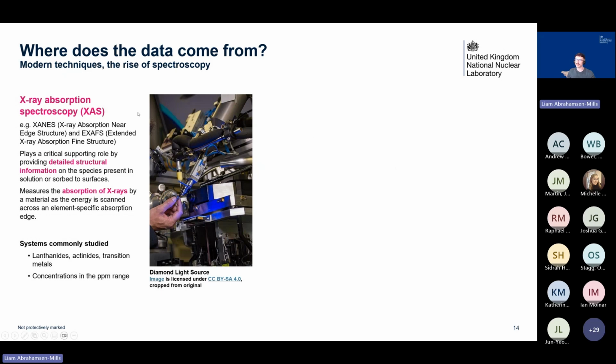And there are various modes of that, including XANES and EXAFS, that probe different regions of energy in an X-ray absorption spectrum that can give information on coordination environment and bond lengths, and that provides a really critical supporting role in understanding the detailed structure of complex solution species or species that are attached to solid surfaces as well.